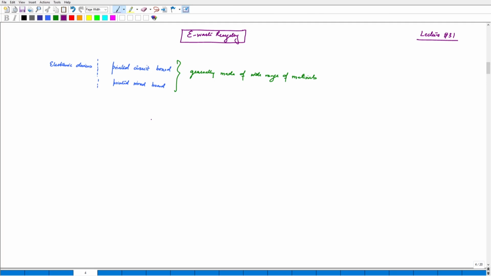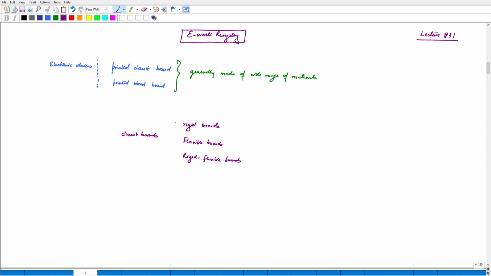So circuit boards have a very large variety of categories, but we can just have rigid circuit boards. Some are flexible, whereas some are rigid and flexible. So we have rigid and flexible boards.